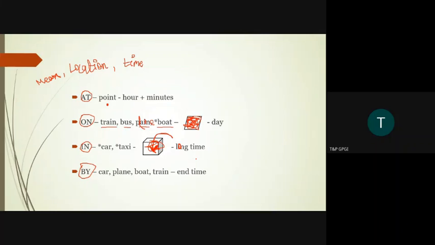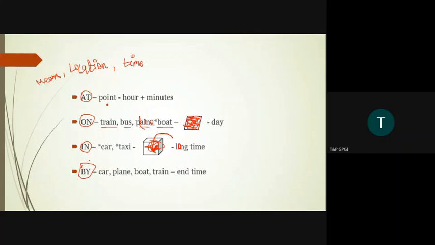Now we are talking about specific time as we did with in, on and at, but this is the last one, and we're going to go with by. By is fantastic because it's the end of a specific time.